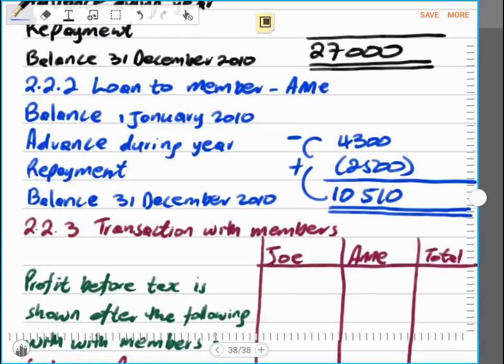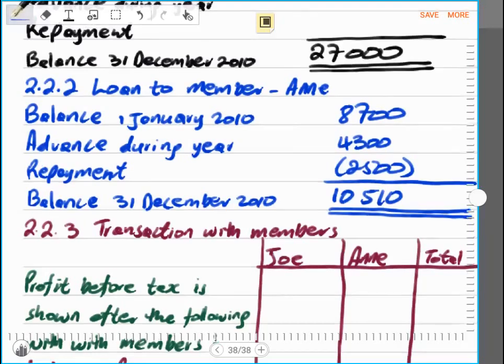And although 4,300 is positive, we have to say minus. Therefore, now that will give us the opening balance as 8,700 rands, which is a loan before the advance of 4.3 was taken into account, and a loan balance before the repayment of 2.5 thousand was taken into consideration.